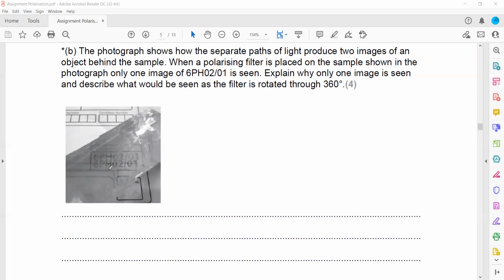Explain why only one image is seen and describe what would be seen as a filter is rotated through 360. So first thing, right now we are looking at these two images.